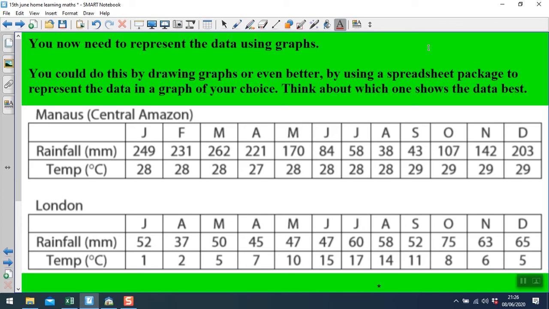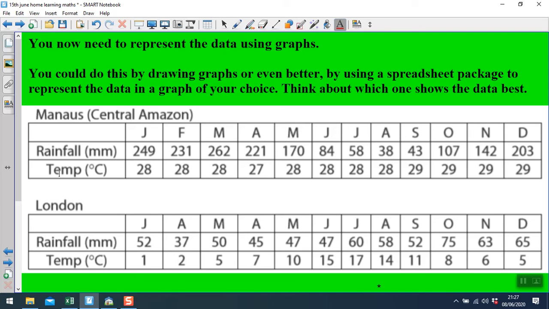You could have a bar for Manaus and next to it a bar for London 12 times, and you could do that for the temperature. The rainfall, you could even do a line graph on top of the bar chart, or you could do completely separate ones. I'm going to show you briefly how to do a graph in Excel.